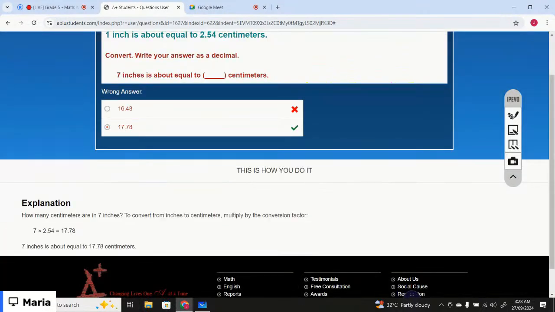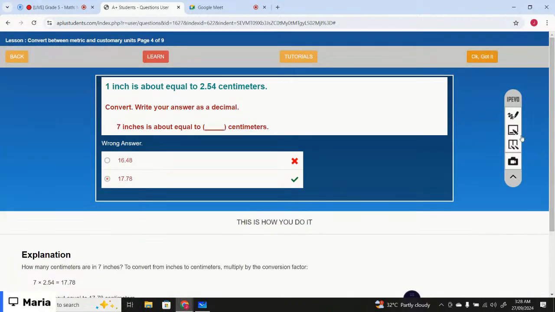Just multiply and check. 7 times 2.54, that's 17.78. Option number 2 is the correct option, right? Okay, got it.